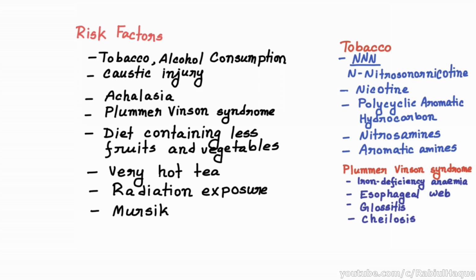So now let's talk about the risk factors of squamous cell carcinoma of the esophagus. As you can see, I have written a lot of risk factors, and we will talk about these one by one.